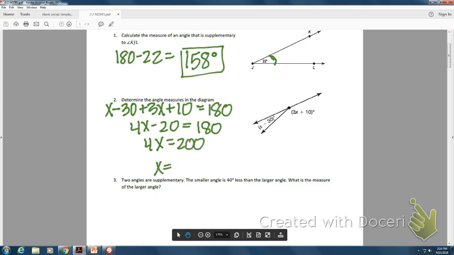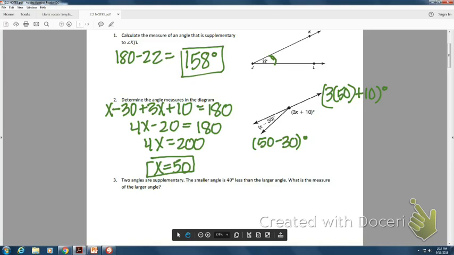What'd you guys get for x? 50 degrees. It says to determine the angle measures, so what do you need to do? Substitute 50 in for those two angles. For one of them you have 50 minus 30 degrees, and the other one you have 3 times 50 plus 10 degrees.